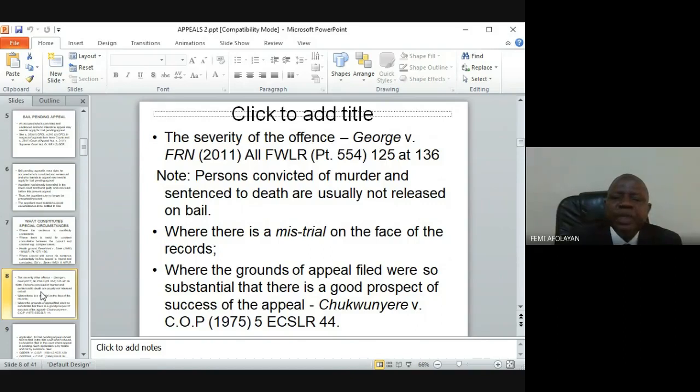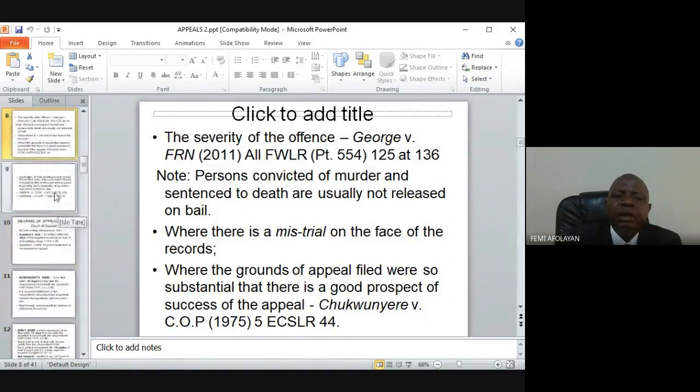Then where the grounds of appeal filed were so substantial that there is a good prospect of success of the appeal. On this, you can see the case of Chukwunyere against the Commissioner of Police. In all these situations, they are considered to be special circumstances upon which bail can be granted pending appeal.